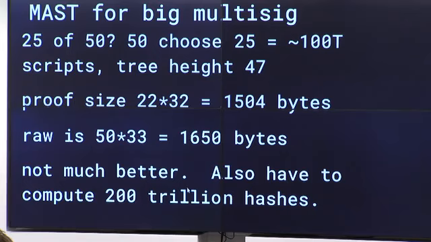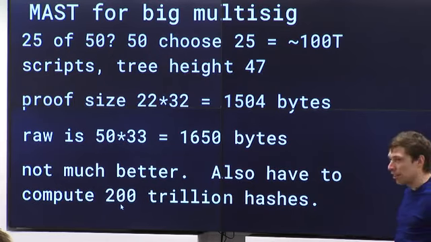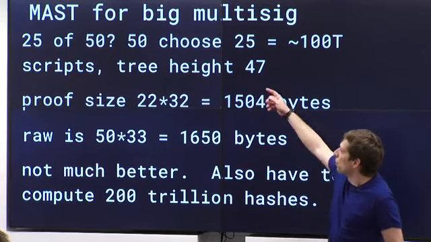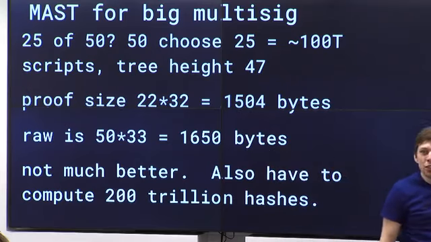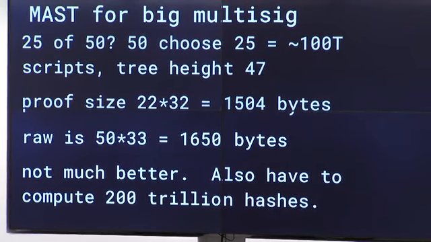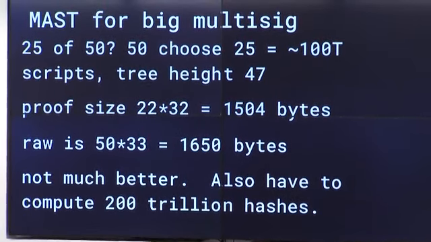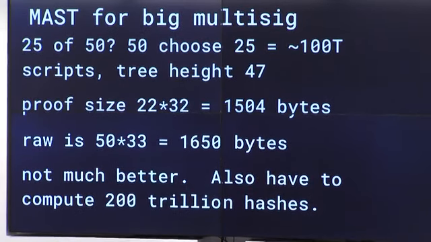You're going to have to compute 200 trillion hashes in order to compute that root, as the person creating the output script. To verify inclusion, you have to compute 47 hashes, which is fine. But 200 trillion hashes is doable, but that's going to take a while, and that's annoying. And how long? Hours? Days? I don't know.